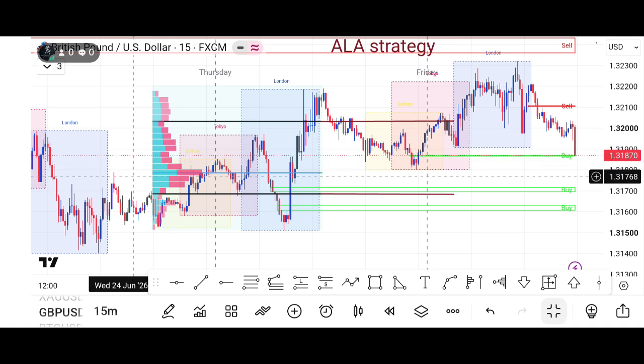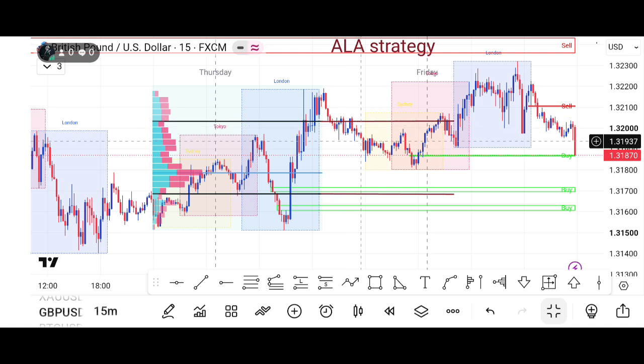When you mark your Asian and London and you get your support and resistance, and you just took the trade, but the trade, instead of going to your support or resistance level, starts moving sideways, you're supposed to wait for the trade long enough till the London opens.